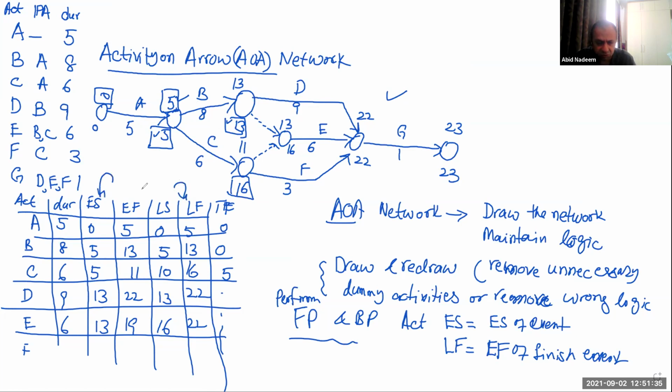Then you will add the duration to calculate the early finish time, and from the late finish, you will subtract the duration to get the late start time. And the total float you can calculate by the formula late start minus early start, or late finish minus early finish. In this way, the process will be completed.